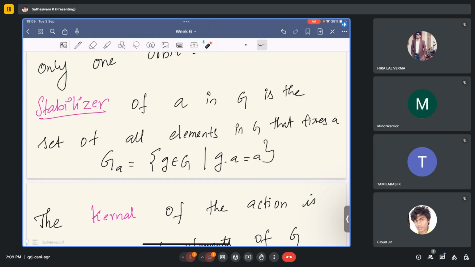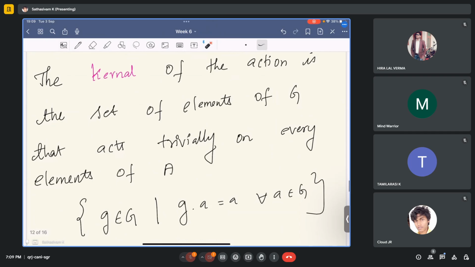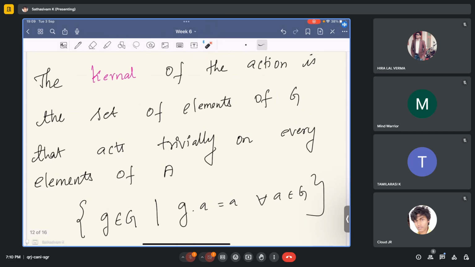Okay. Maybe I'll move to the kernel now. This is actually one problem with this online course and writing on the board. If you write on the board, one can move on to the next one, but people can still see the previous one.